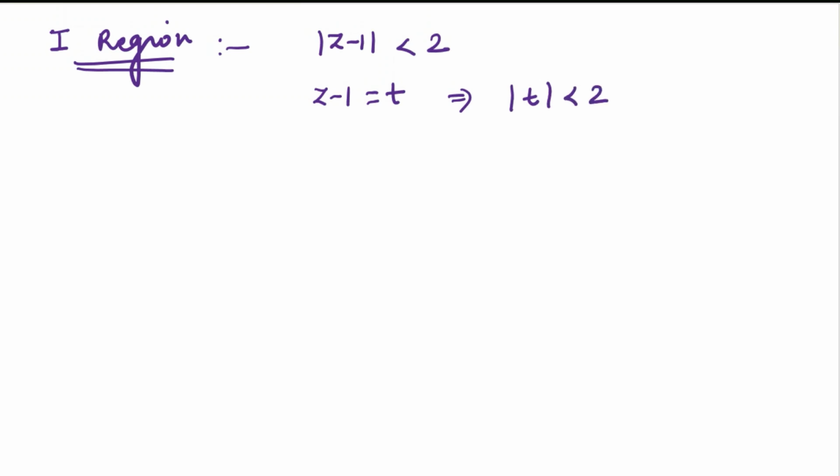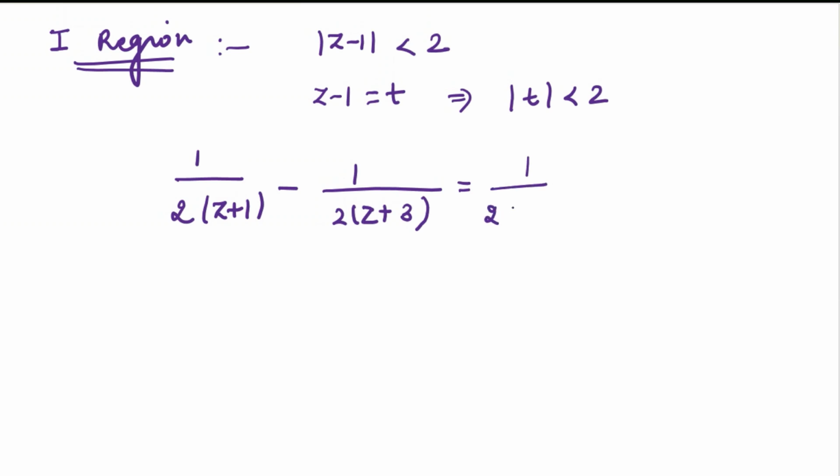And the function will be 1 upon 2 (z plus 1) minus 1 upon 2 (z plus 3). So we can write it as 1 upon 2 (t plus 2) minus 1 upon 2 (t plus 4), because z minus 1 is equal to t. So z is equal to t plus 1, right?